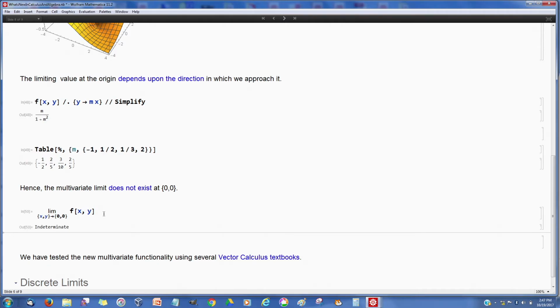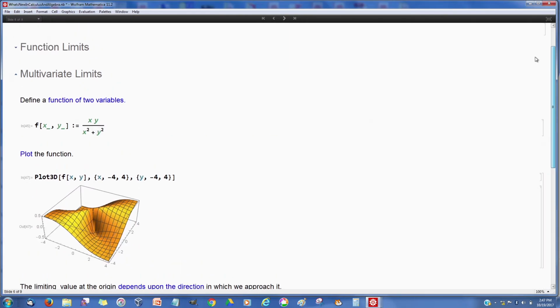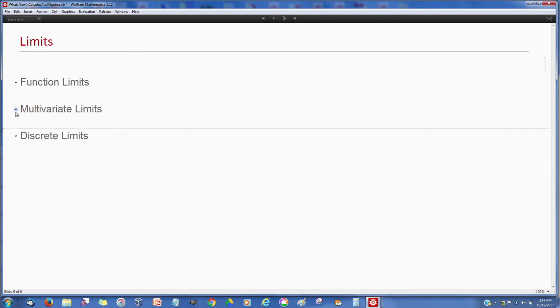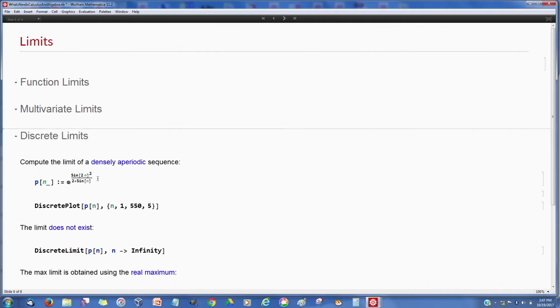So multivariate limits are completely new in version 11.2. We have tested them against all the standard vector calculus textbooks. And this week, Adam is testing them against 1,000 examples more. He, I think, got to number 890 so far, if I remember it right. Okay, and finally, discrete limits, another nice area. Sequence limits, which people have requested early on. So here's what we call a densely aperiodic sequence.